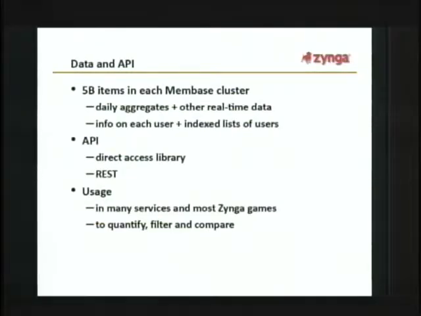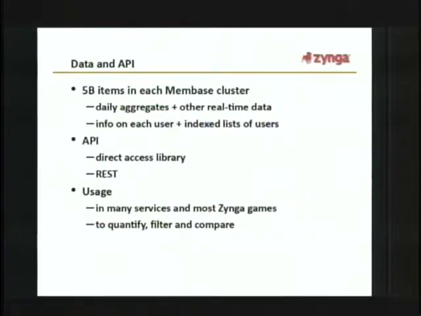So what kind of data do we have? We have about 5 billion items. Some are part of the aggregates I mentioned earlier, and some of the data actually are not aggregates. The games can access that storage, and it's writable by the game as well. They actually use that to communicate certain interesting data across different games, and we use that in a host of our services.